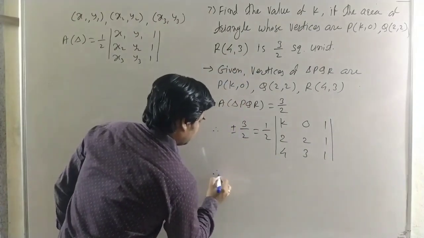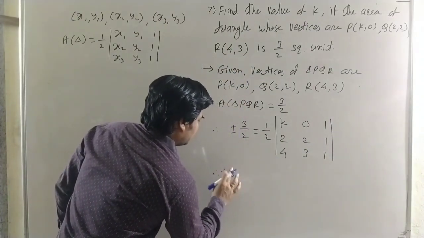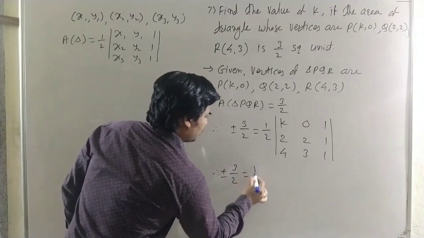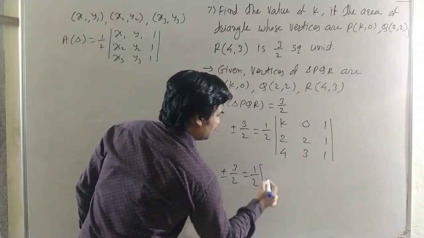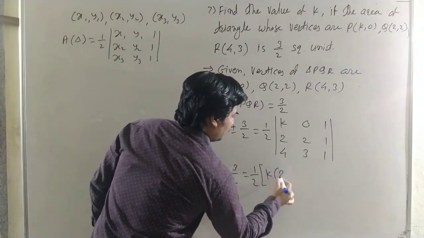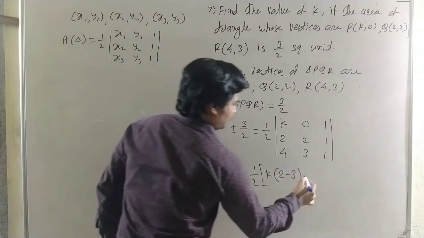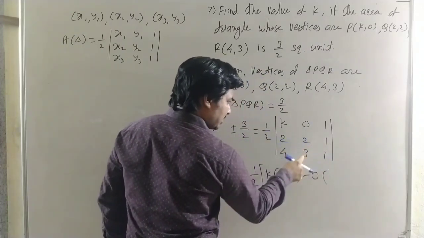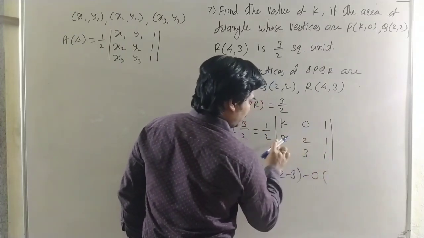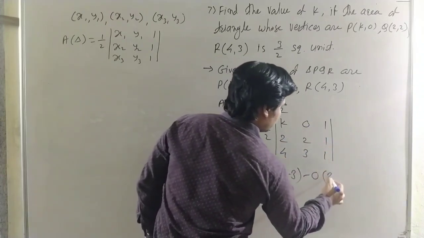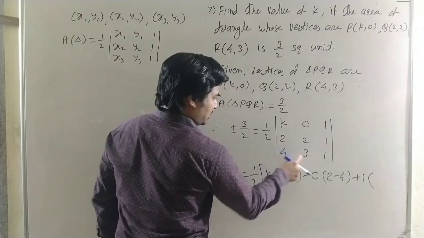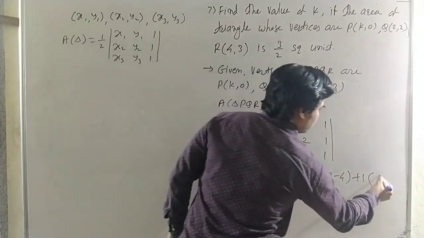Then plus or minus 3 by 2 is equal to 1 by 2 into K into (2 minus 3), minus 0 into (2 minus 4), plus 1 into (6 minus 8).